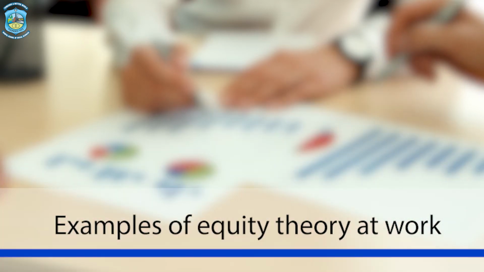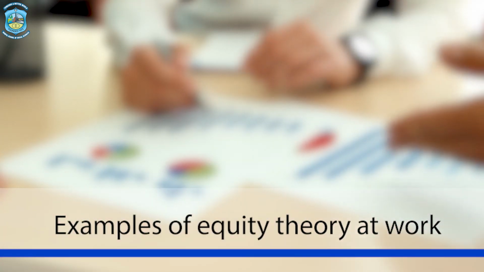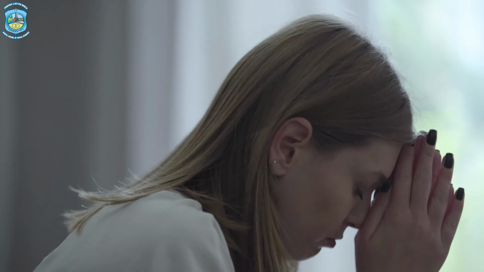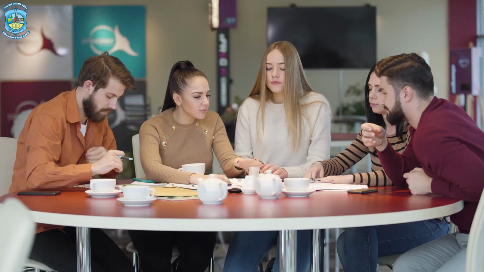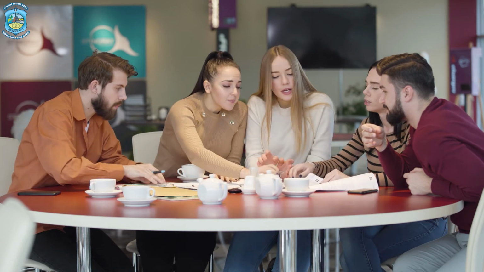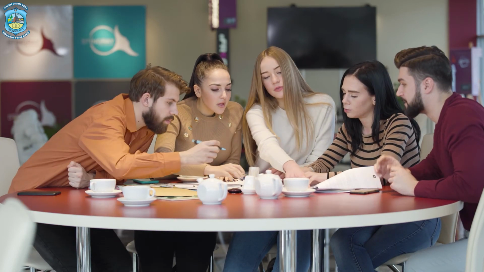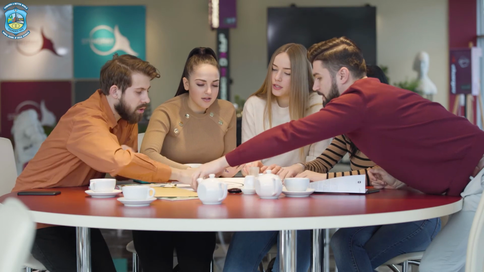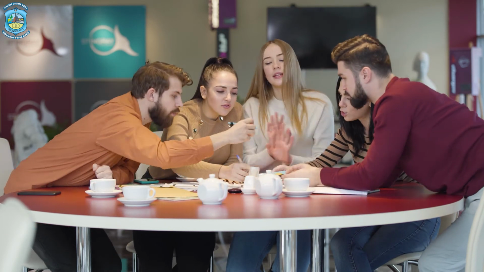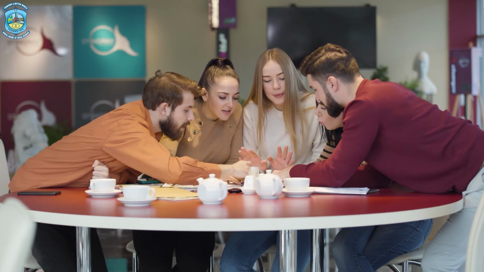Looking at examples of equity theory at work. In practice, this helps to explain why people are so strongly affected by the situations of colleagues, friends, partners, etc. in establishing their own personal sense of fairness or equity in their work situations.